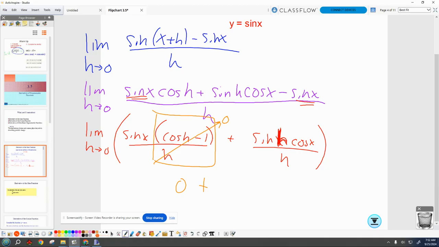Sine h over h times cosine. As h goes to 0, where does sine h over h go to? 1, right? That was the one that I asked you guys to memorize like the first day we started calculus. So in all this, the derivative of sine is cosine.